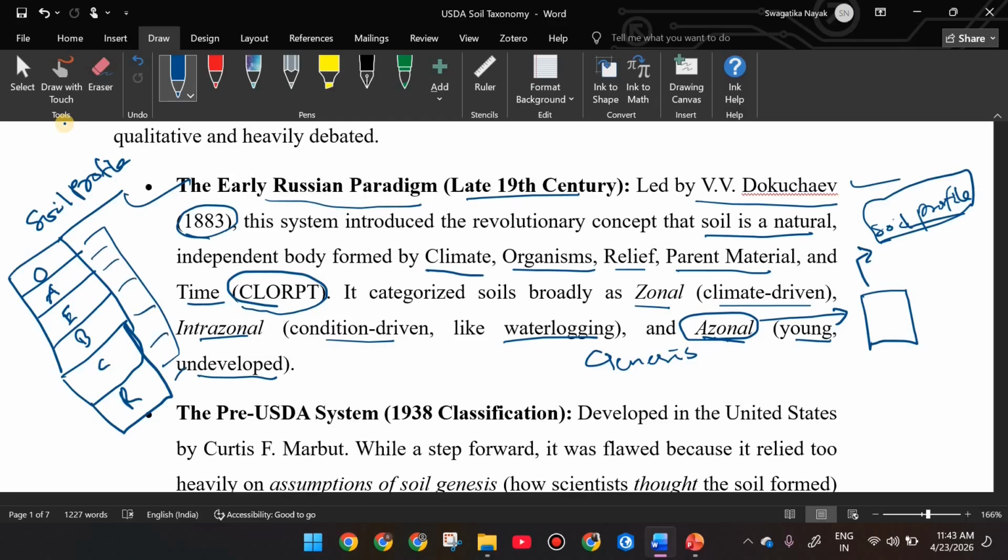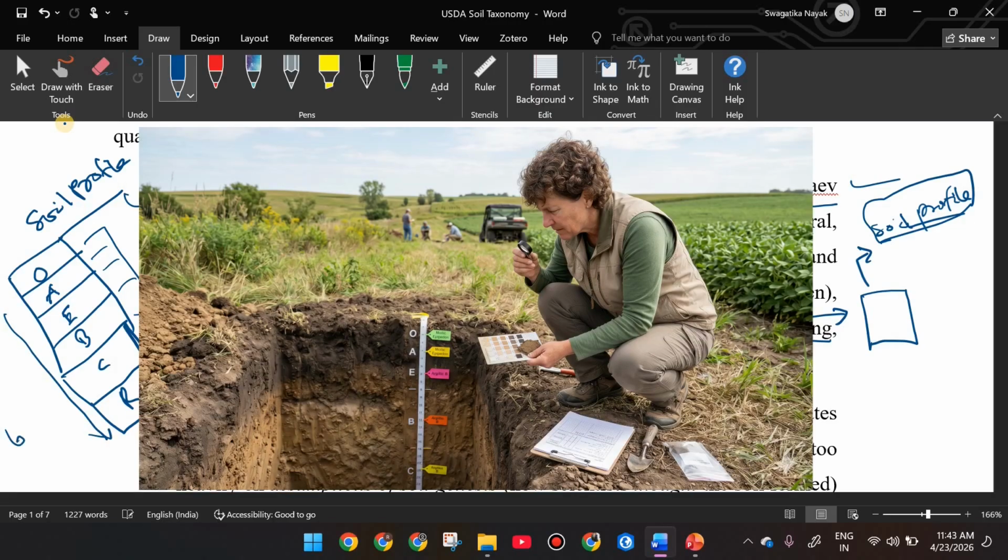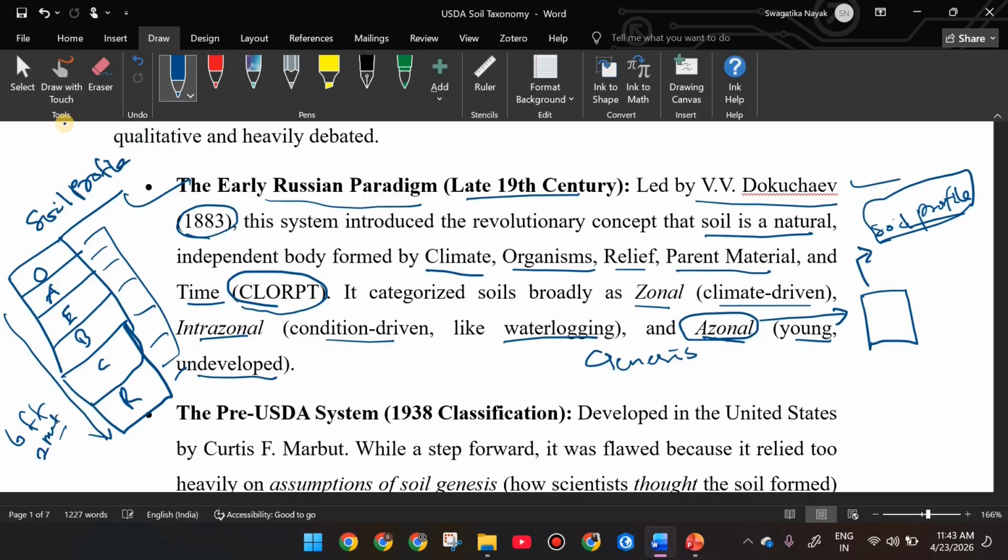How is this profile noticed by scientists? They dig a deep hole of about 6 feet, which is 2 meters, in the soil, and then analyze the horizons, the layers, the strata. The O horizon is the organic matter or upper horizon, then the A horizon, then E. Some soils have an E horizon, some do not.